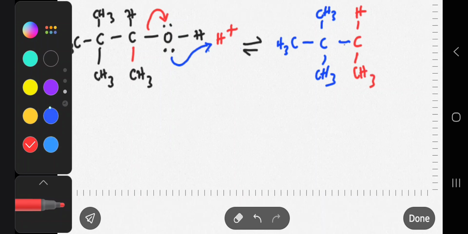Because oxygen is withdrawing this bonding electron to itself, carbon is going to have a partial positive charge. This is basically our carbocation, right? Let's not forget there's CH3 here. So you see, as this is happening, remember oxygen is taking up this proton, right? So we are going to have, plus what? Water.